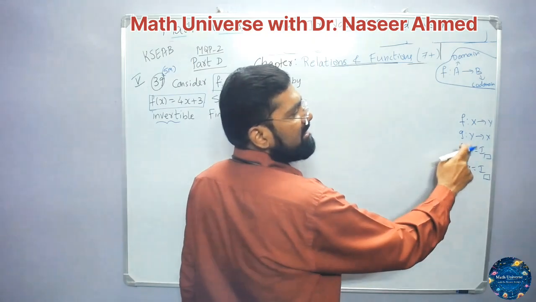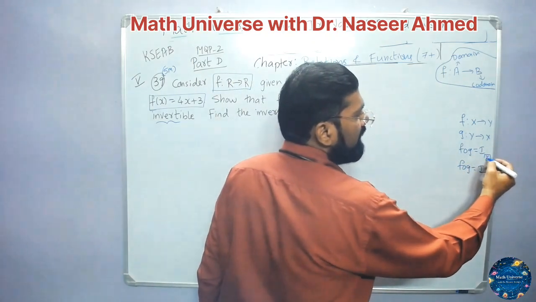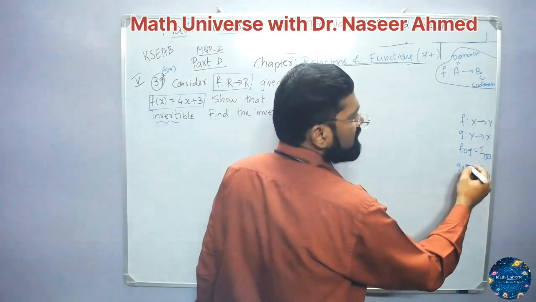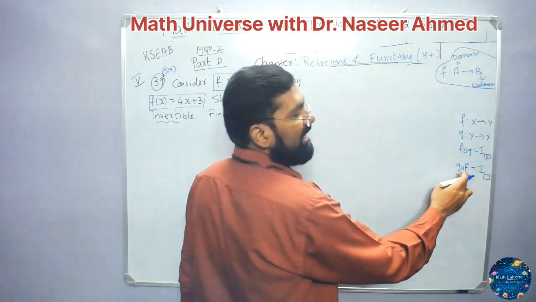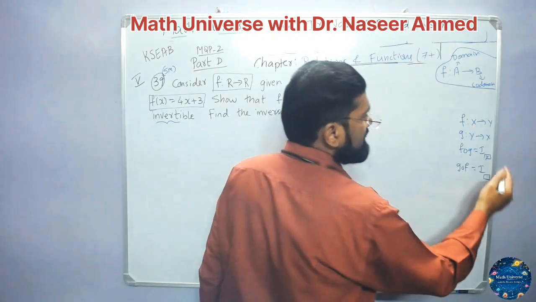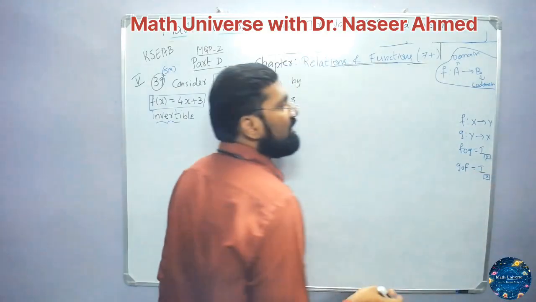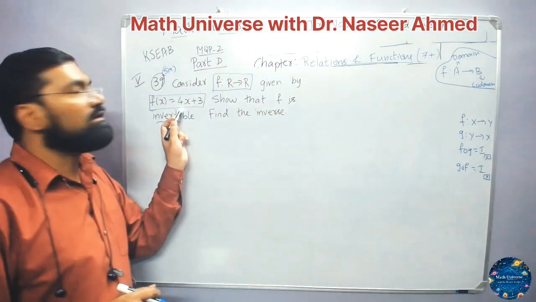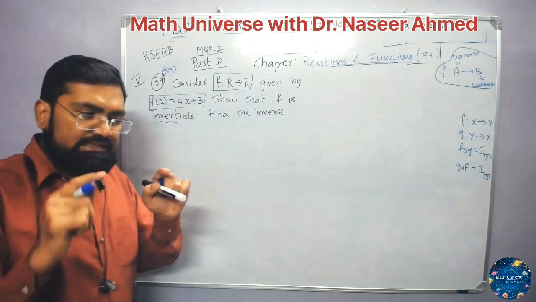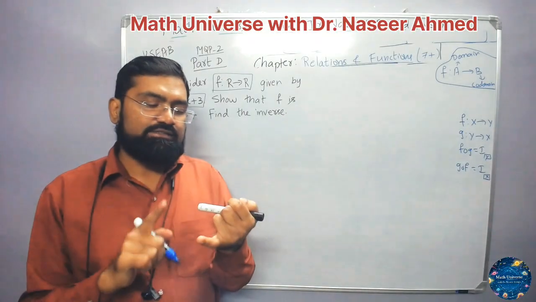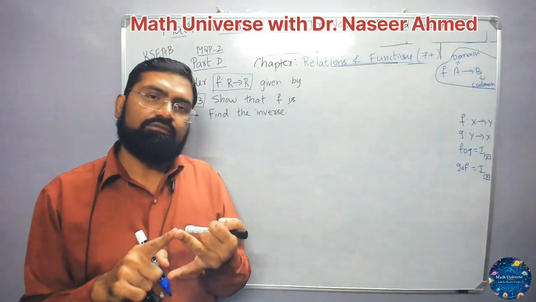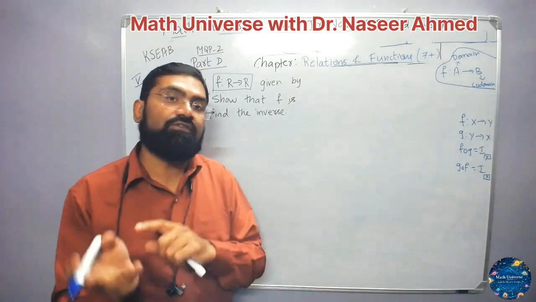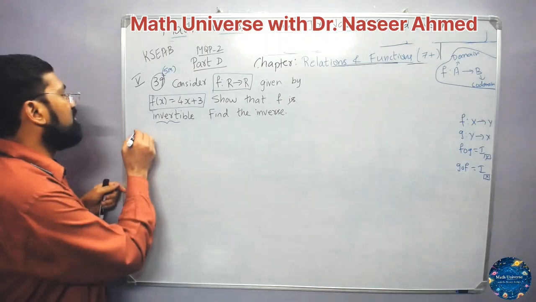The rightmost function here is g, whose domain is Y, so I write Y. For g composition f, the rightmost function is f, whose domain is X. Now, the most important thing: f is given in the question, but g is not given. To find g, just as for inverse or onto, we have to find the pre-image, that is, we have to solve for x.